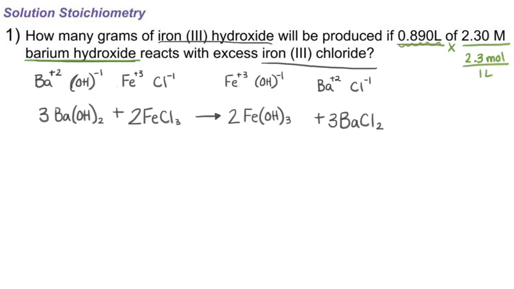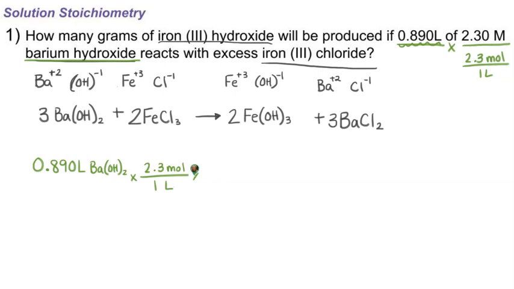So we'll start out with that 0.890 liters of barium hydroxide, BaOH2. And then we will use our molarity, 2.3 moles in every 1 liter, to convert to a number of moles.